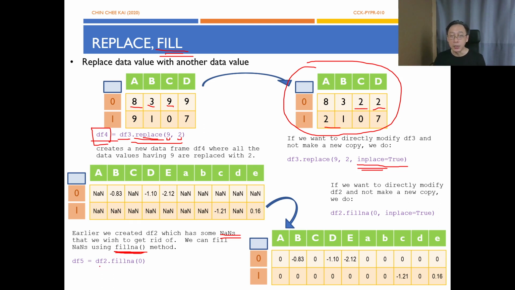Let's say now we want to fill with 0. All the nans will be filled with 0. Now notice it's fillna. Na is a bit like not applicable, not a number, that's nan. And there's also a null, for empty strings. All these na, nan, and null, they are considered na.